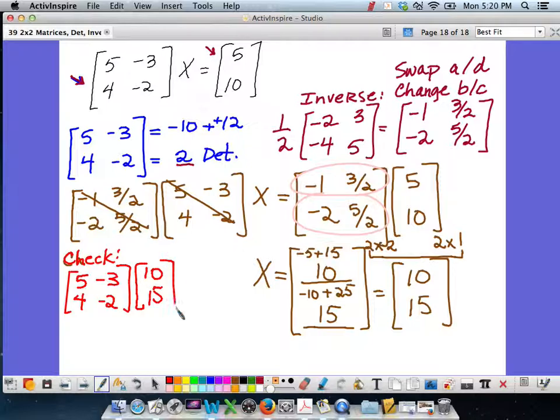And I would do the row by column multiplication, and it should check out to give me 5, 10. So of course, if you have time on a test, you want to go back and always check it. So again, this is solving an equation using inverses. The answer here to x is the 2 by 1 matrix 10, 15.